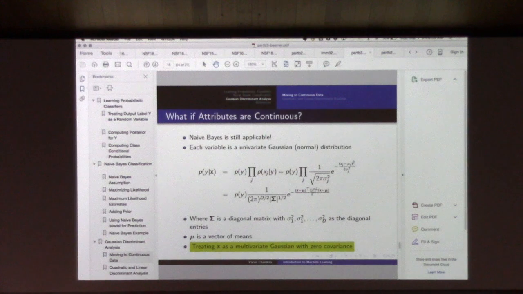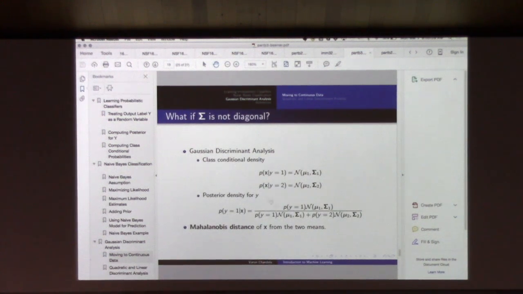When you're trying to do the classification, if you remember, you want the probability of y equal to 1 given x, and you break it down using Bayes rule as this. So this is essentially p of x given y equal to 1. Then how do you get the probability of y?